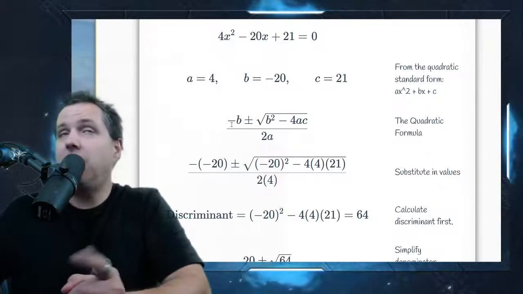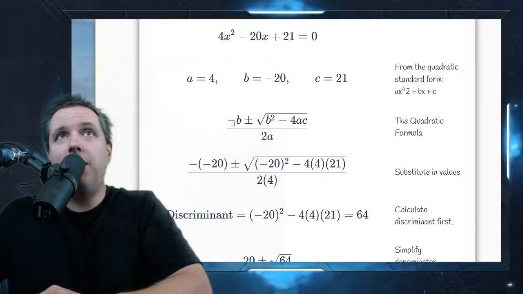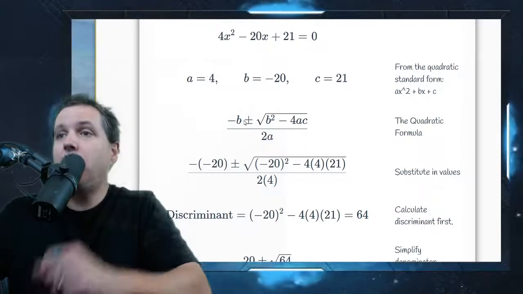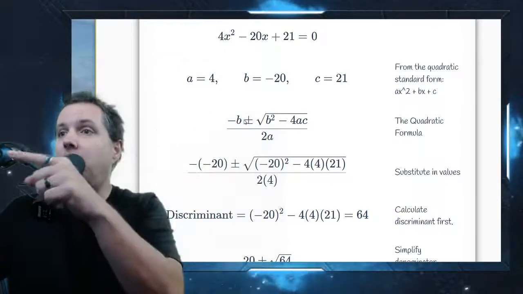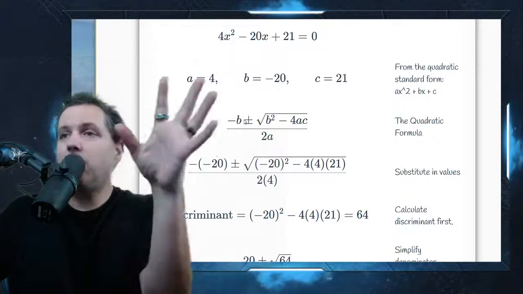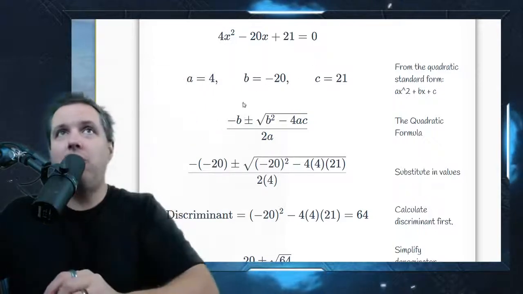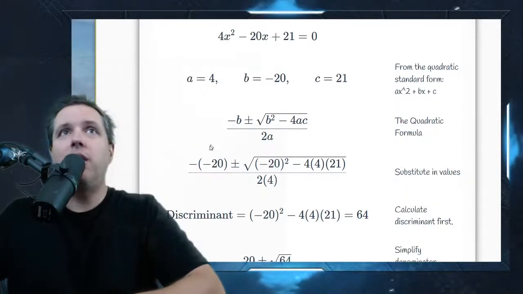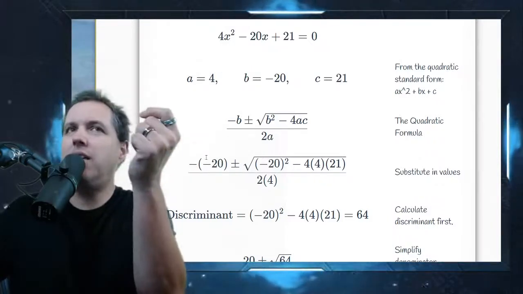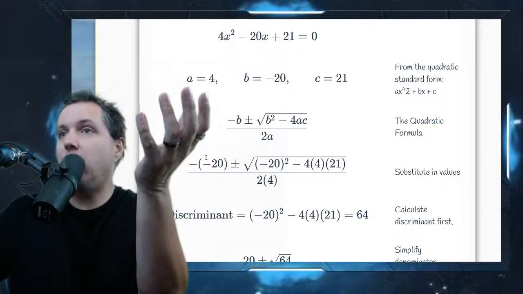Just do what the formula tells you to do. The formula says that you put a negative in front of your B, and then when you substitute your B in, you substitute in -20. So you have -(-20), right? Don't try to make up special cases. Just follow what the formula is telling you to do. So we end up with -(-20) here. Well, what is -(-20)? That's the same as +20, right?